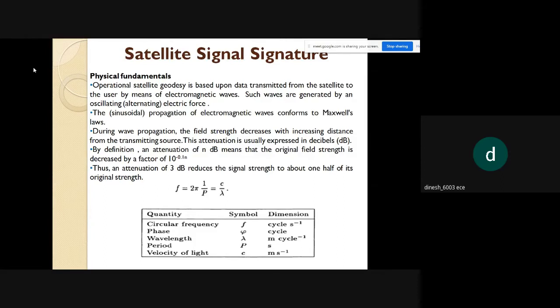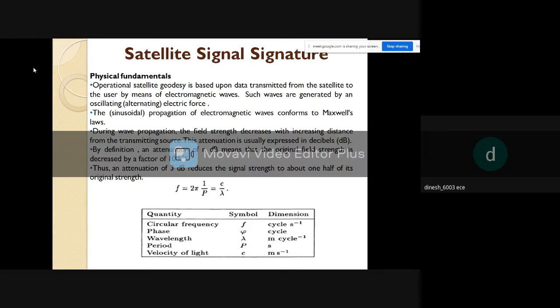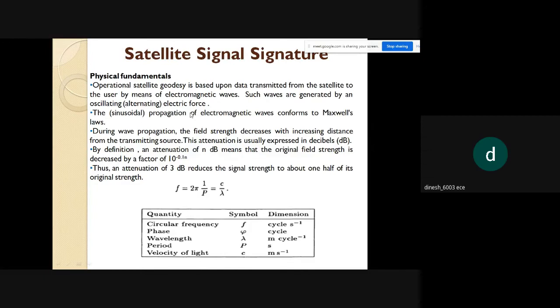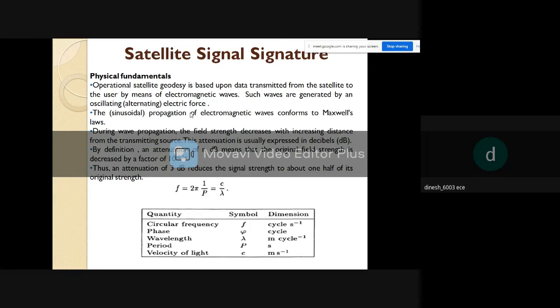You would have studied Maxwell's four equations, equation number 1, 2, 3, and 4. All the electromagnetic waves will satisfy Maxwell's equations, and the satellite signal also uses electromagnetic waves, so it also satisfies Maxwell's equations. During the propagation of the wave, the field strength decreases with increasing distance from the transmitting source, which is known to everyone.